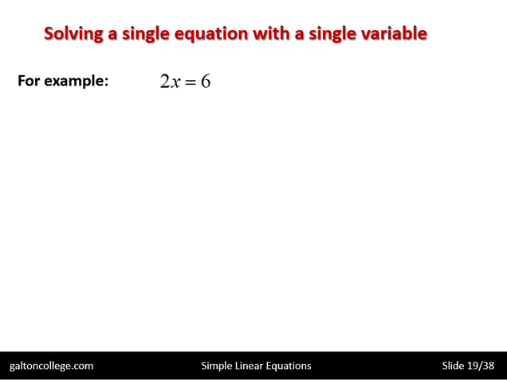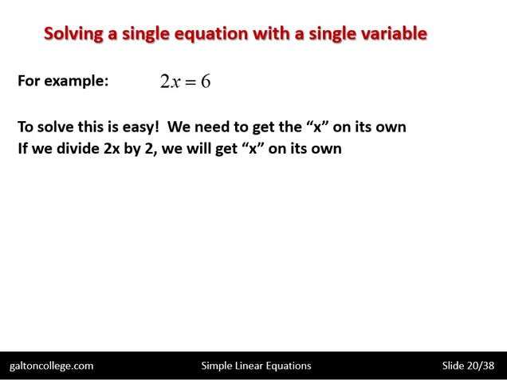So for example, 2x equals 6. To solve this is easy. We need to get the x on its own. So we divide 2x by 2 to get x on its own. So 2x divided by 2 is equal to x.